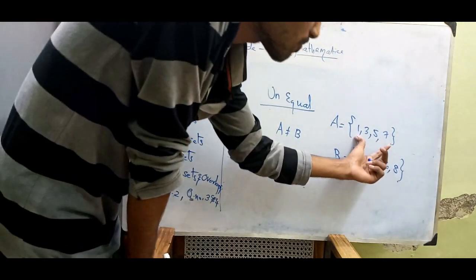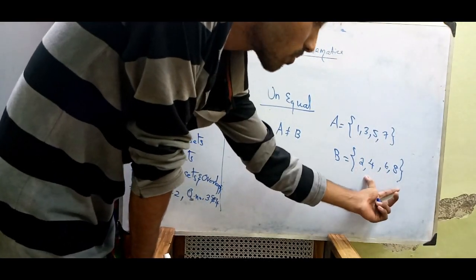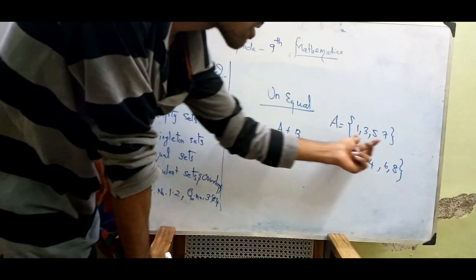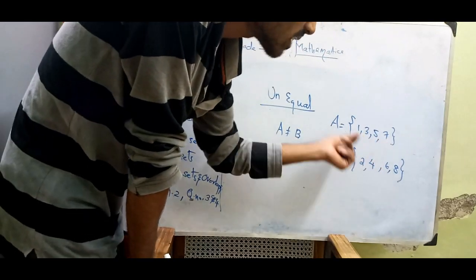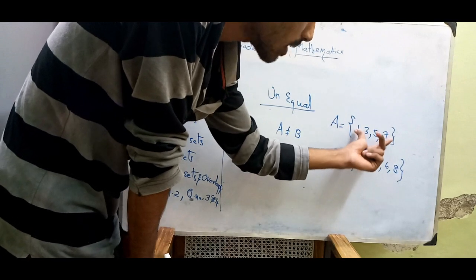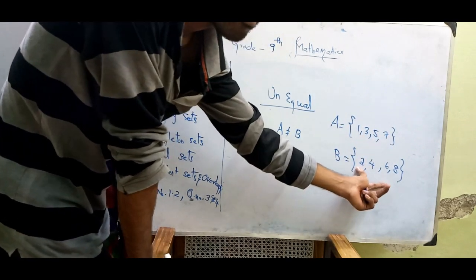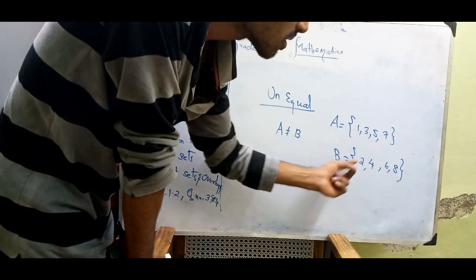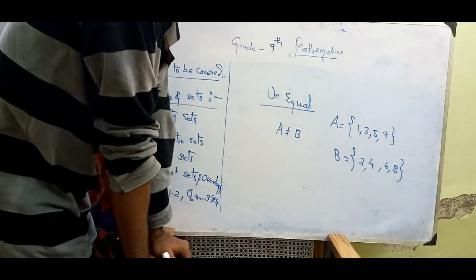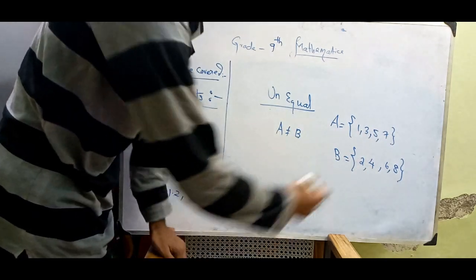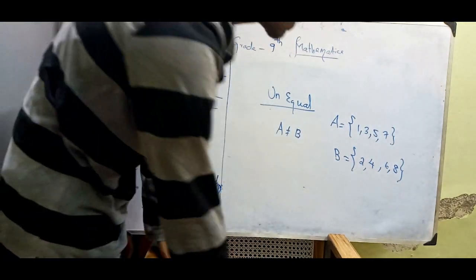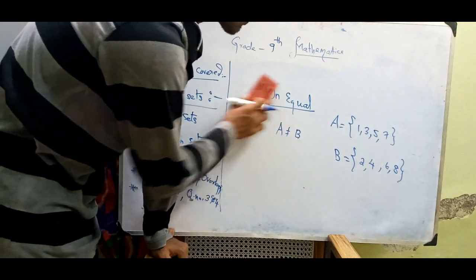Here there are also 4 elements in each, but that doesn't mean that A and B are equal, because whichever elements are present in A should appear in set B, no matter how the order changes. Here none of the numbers appears, because A has odd numbers 1 to 7 and B has even numbers 2 to 8. That is why it is called an unequal set.